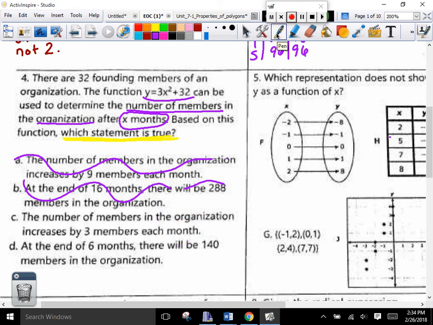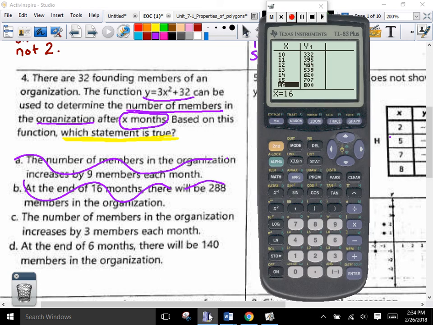For my third answer choice, it says the number of members in the organization increased by 3 members each month. So we already saw that it's not increasing by 3. If we go up to the top, that way we can see it a little bit clearer. We can see that the first, it increases from 32 to 35.